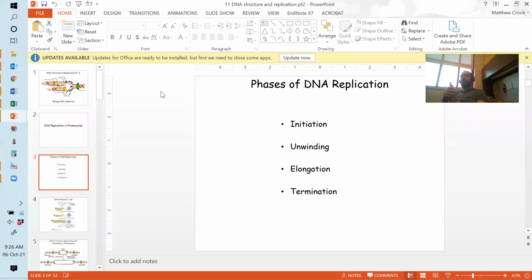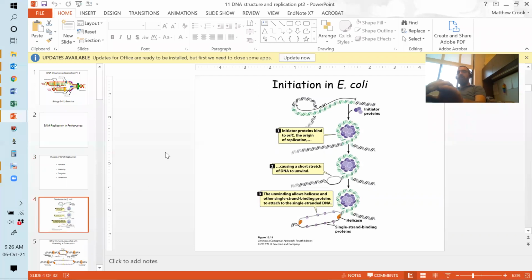Initiation, unwinding, elongation, and termination. And so remember, we're talking about the base pair composition at different parts in the genome or different locations, and particularly origins of replications and promoters, right?